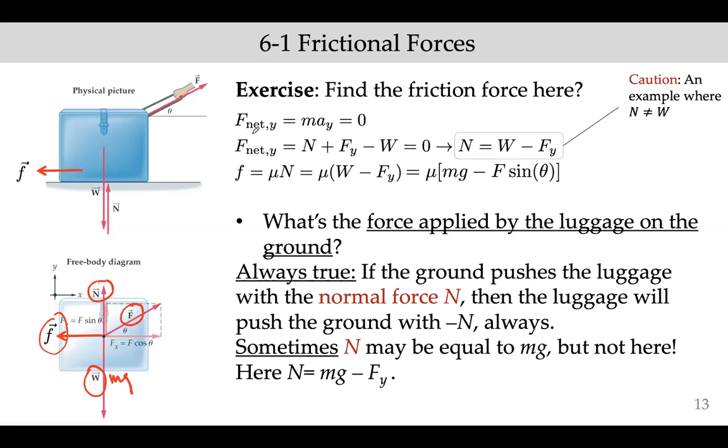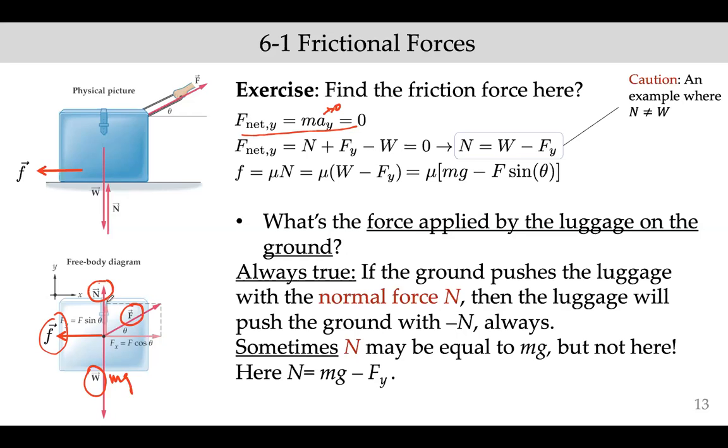I'm going to write F equals ma for the y direction. Because the luggage is not going up or down, it's not accelerating in the y direction, the acceleration is 0. So F net equals 0 in the y direction.